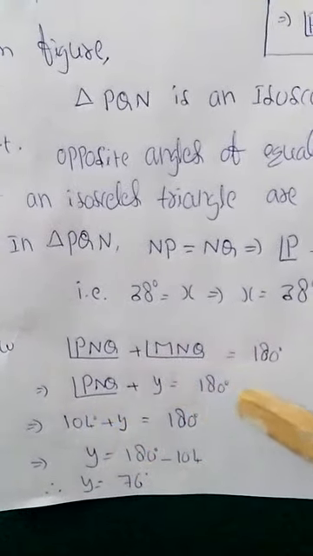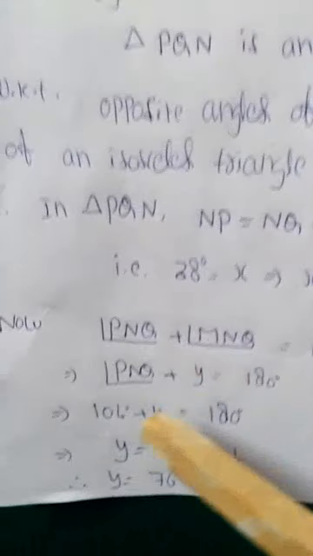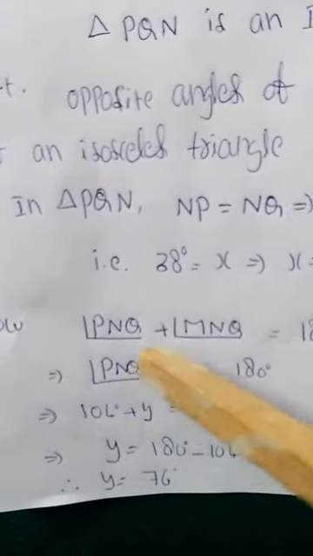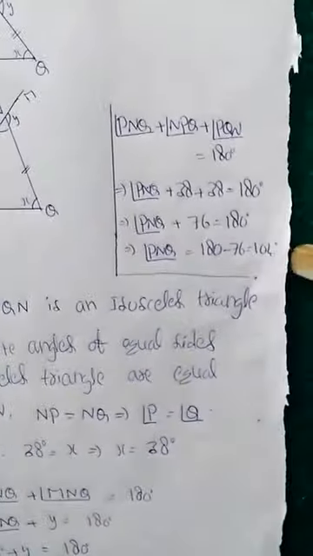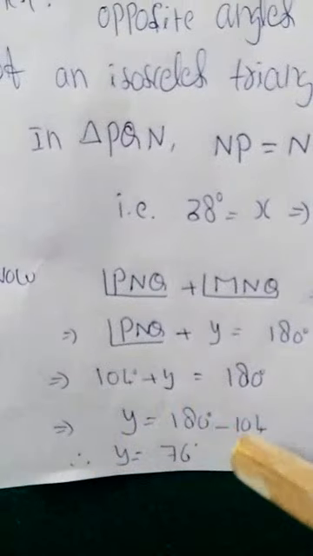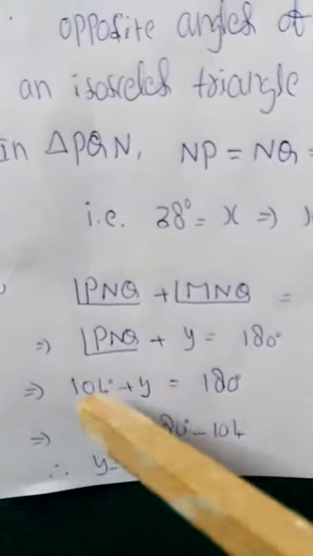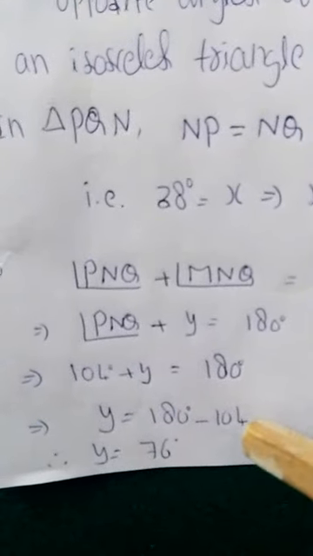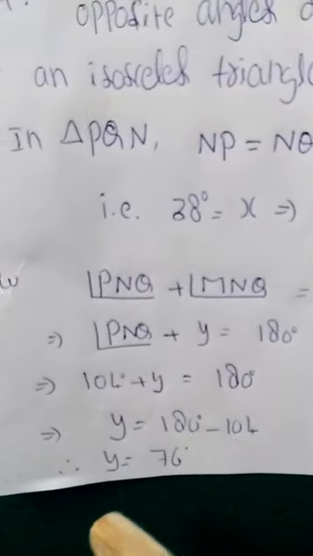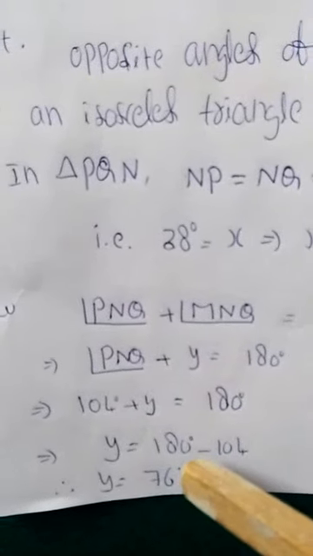PNQ plus y is equal to 180. MNQ value, y, is given in the figure. That's why y. And next, the PNQ value we got is 104. That I substituted here, 104 plus y is equal to 180. Then y is equal to 180 minus 104. Transpose this 104 to the right hand side, it becomes minus 104. Then y is equal to 180 minus 104, which means 76.